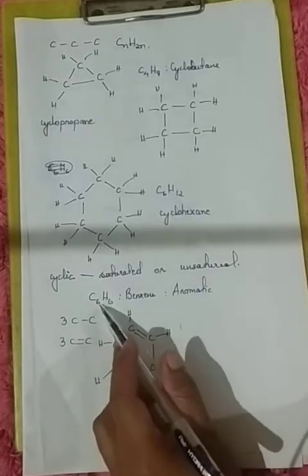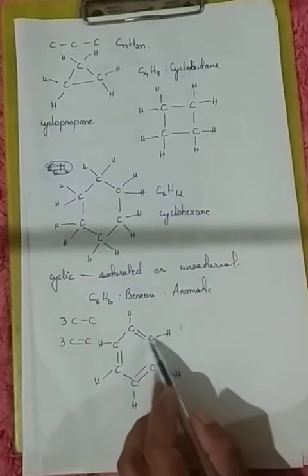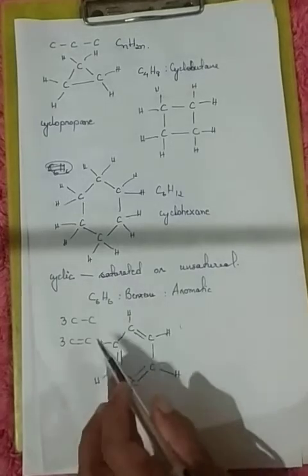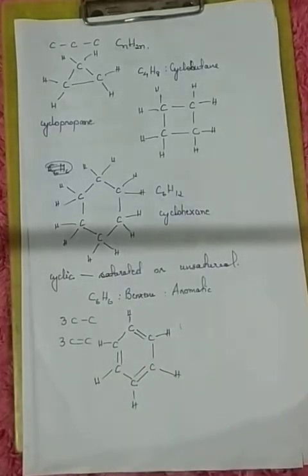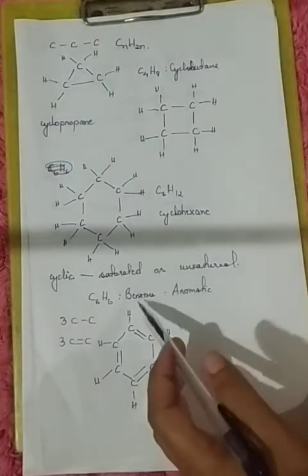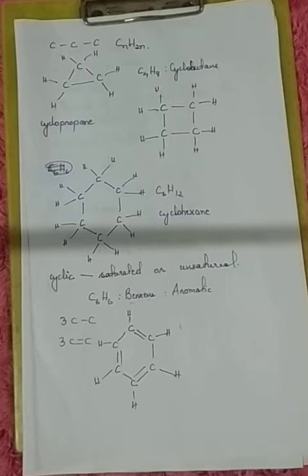Now this is our C6H6 molecule: 6 carbon atoms, 6 hydrogen atoms. It is an unsaturated aromatic hydrocarbon, also known as the benzene molecule. Therefore, this is the concept of hydrocarbons, which consist of both saturated and unsaturated hydrocarbons.